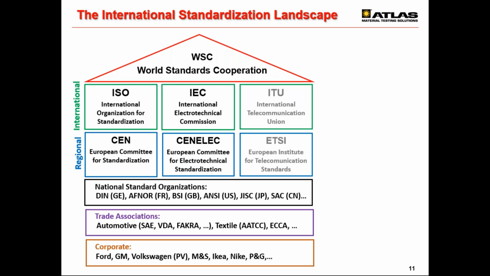And in some instances, there's a cooperation and joint development of standards with regional organizations such as CEN and CENELEC. So you'll see that there's an interaction between the international activities in ISO and the regional European activities in CEN, similarly between IEC and CENELEC for the electronics industry.